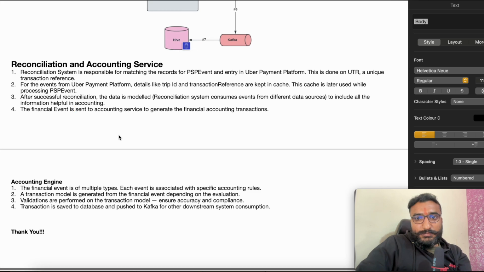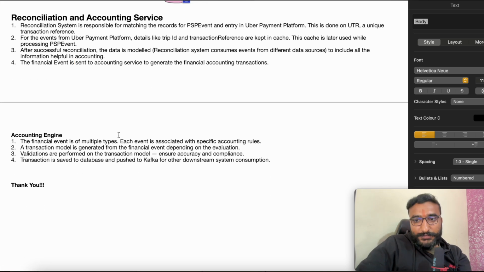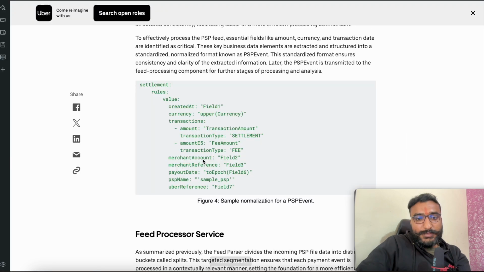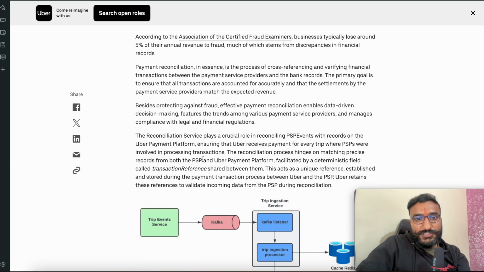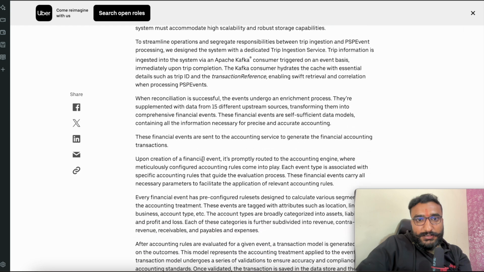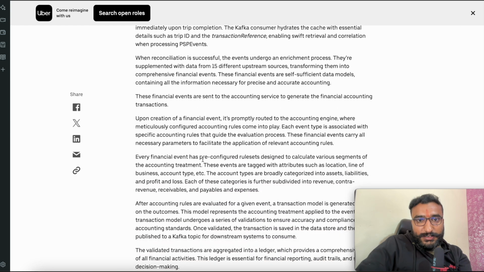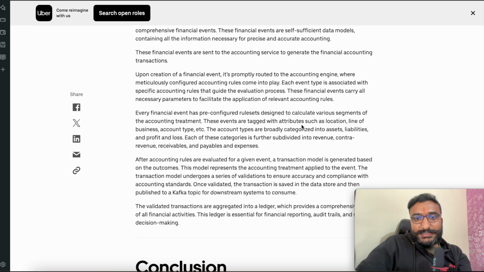As per the diagram, the financial events can be something like assets, liabilities, profit and loss, and so on. You receive that event, categorize it into a specific category, and then it is consumed by the accounting service.